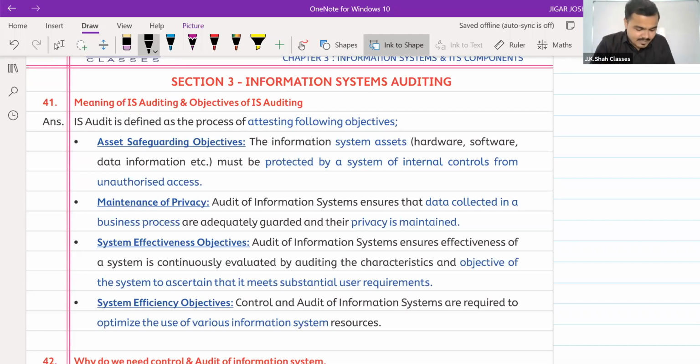I kindly request my dear chartered to please refer to these four points very fast, very quick, so that we can finish the last question and end today's session. So please revise these four points very fast. Come on, quickly, my dear charters.